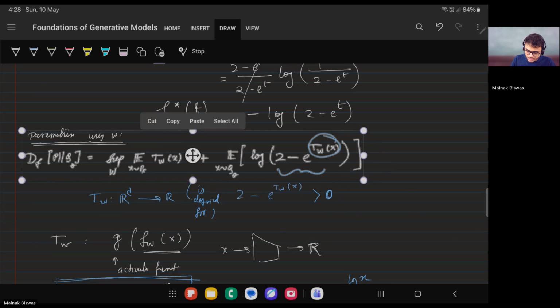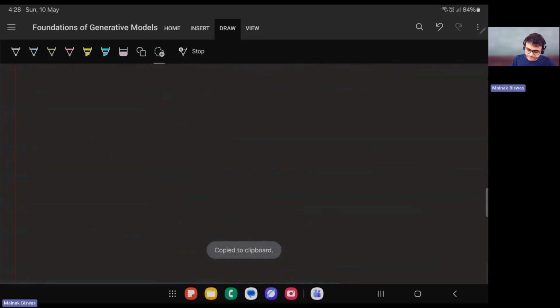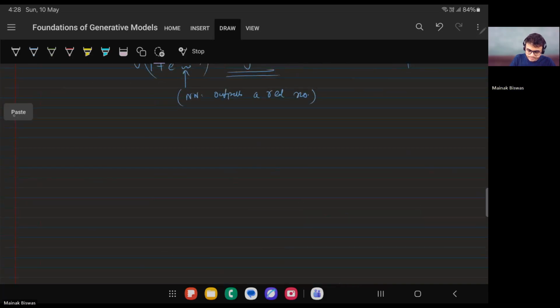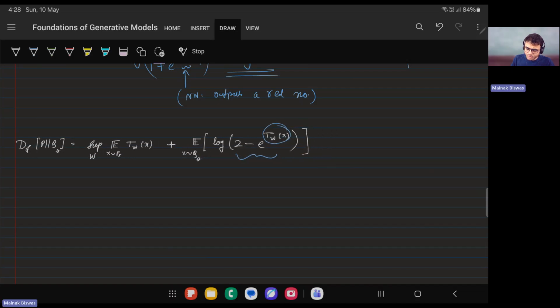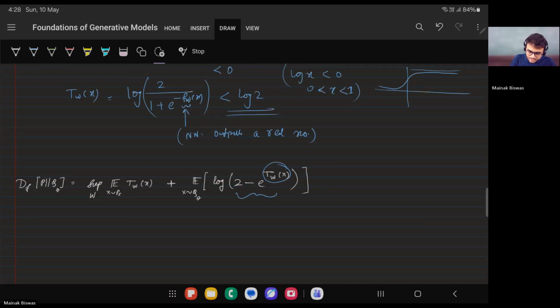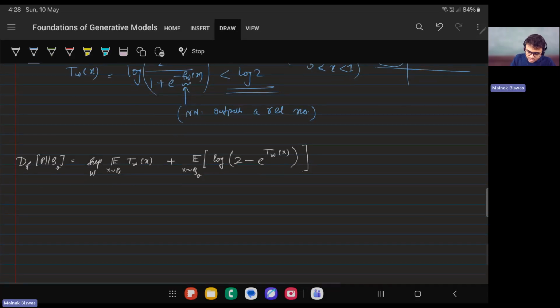Okay. So I know this function. I'll put the value of tw of x. Let's just put the value in one go. If I put the value of this, what does it become?